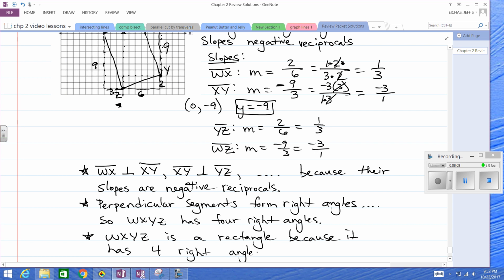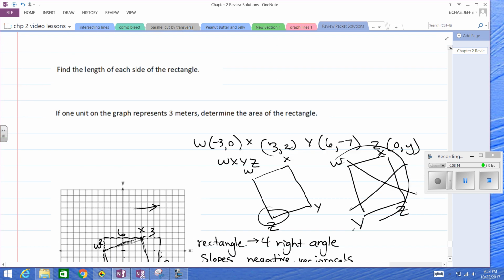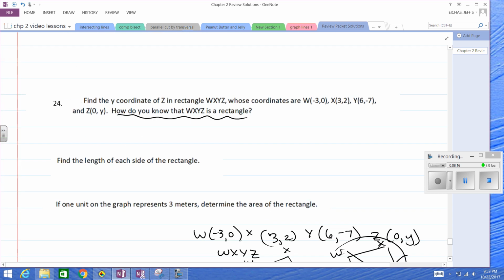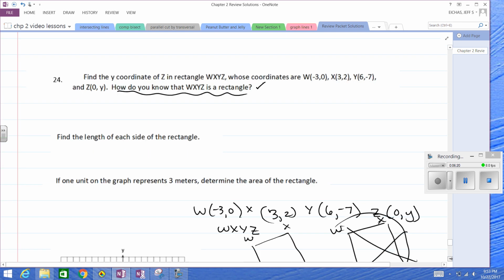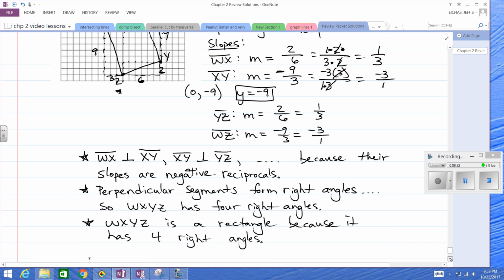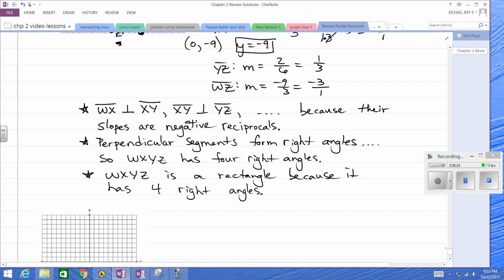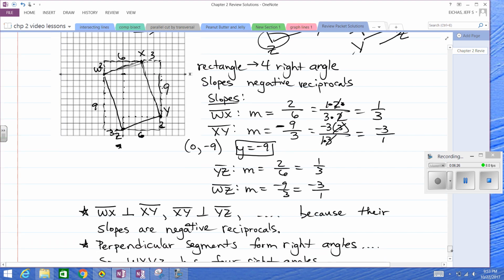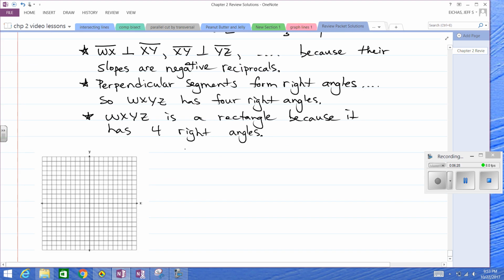So we're trying to make sure we explain it fully, take care of that. Okay, so check, we did that. Find the length of each side of the rectangle, so now we got to go length, but good news is we can use the same exact numbers. Okay, so the length of every side.